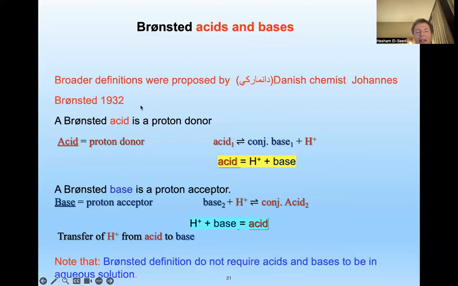Then, in a broader definition, the Danish scientist Brønsted gave a definition that acid is a proton donor. So an acid, when it dissociates, gives a proton. That's why they call it a proton donor, right? And this shows how it donates the proton.